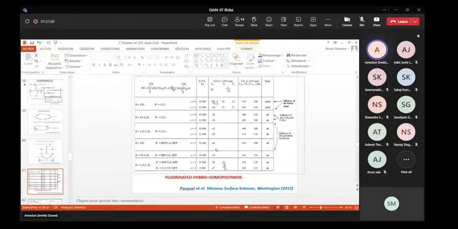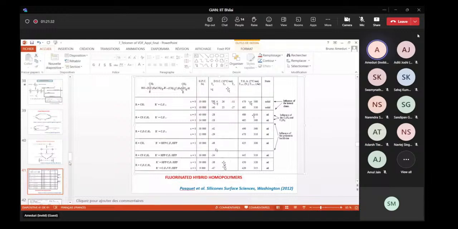So we were a little bit higher, but still the thermostability was very attractive because we could reach very high thermostability even under air, up to 410. And also we have oily systems here, in contrast to the first one, which was a little bit crystalline, which gave a solid.